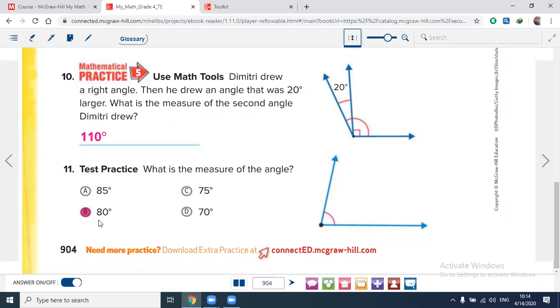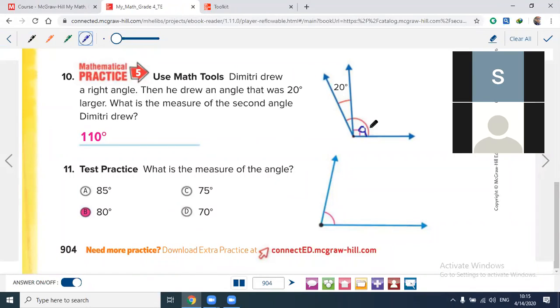Okay, here in number 10, I have this small angle, which is 20. And I have this one with a square corner, which is 90, as we know. This one has a measure of 90 degrees. But here I need to find the measure of this large or big angle. This angle contains two angles, one with measure 90 and the other with measure 20.